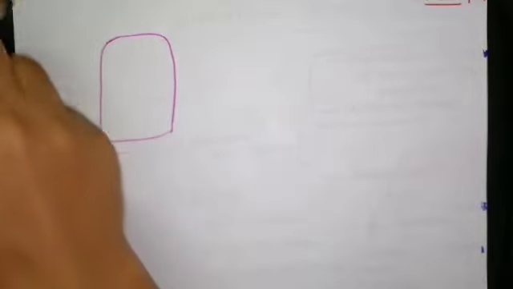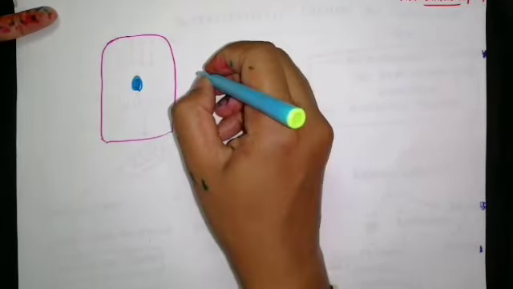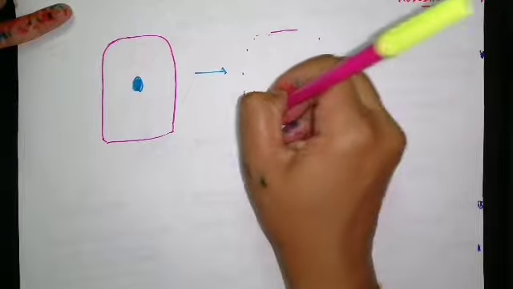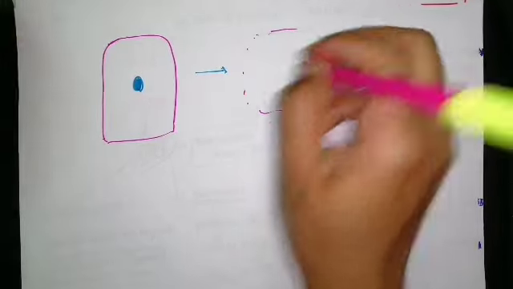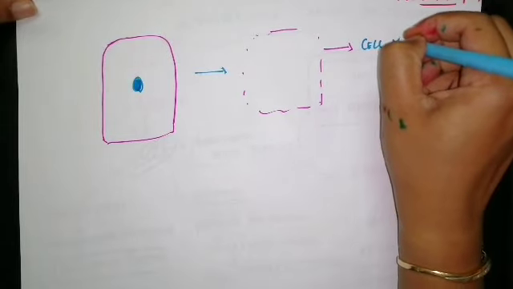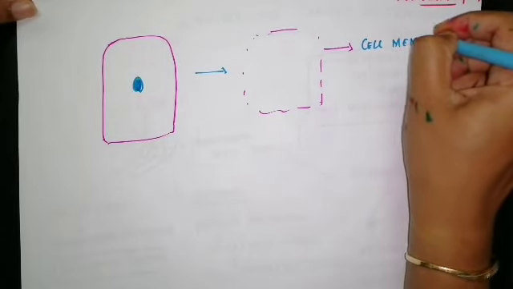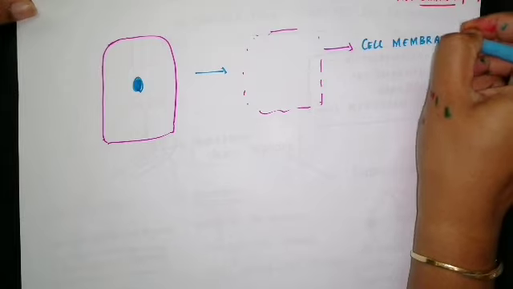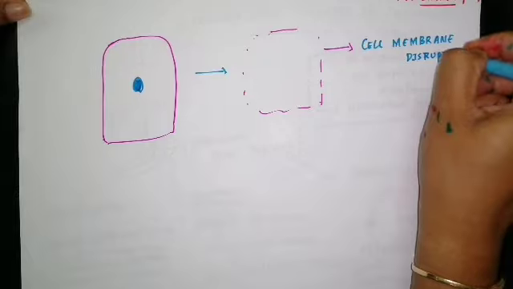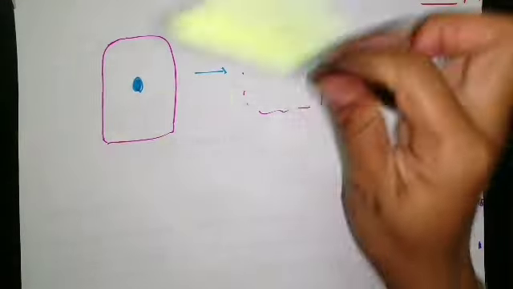If this is a normal cell, what happens here is that the cell membrane is disrupted. And what about the mitochondria?